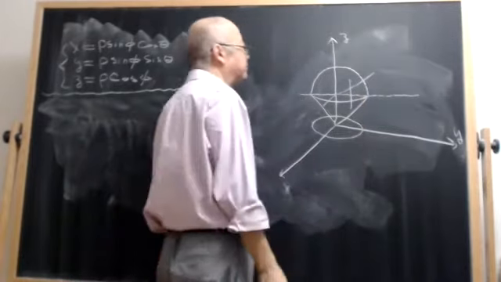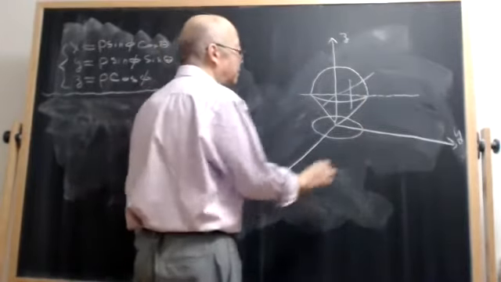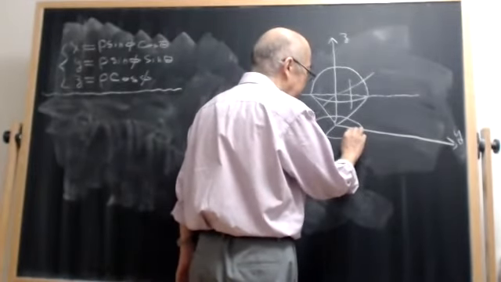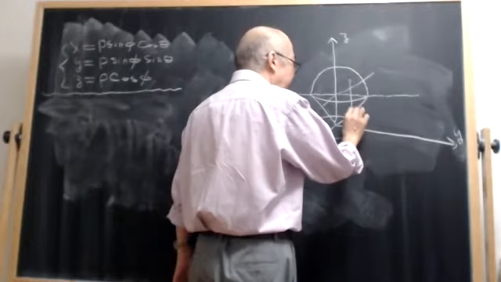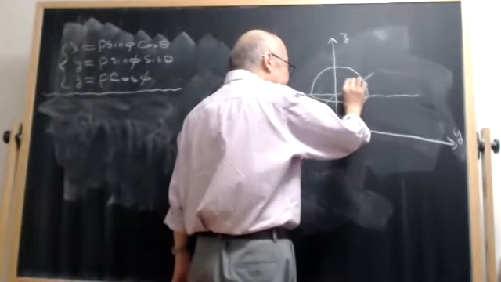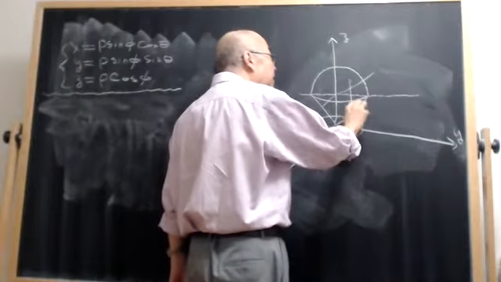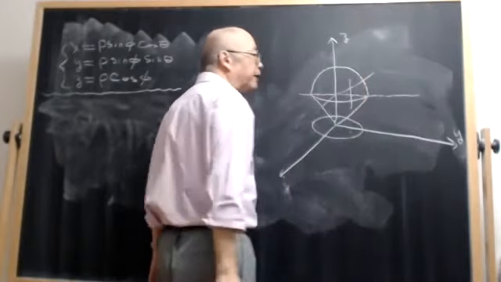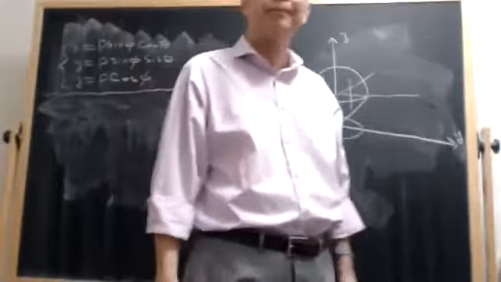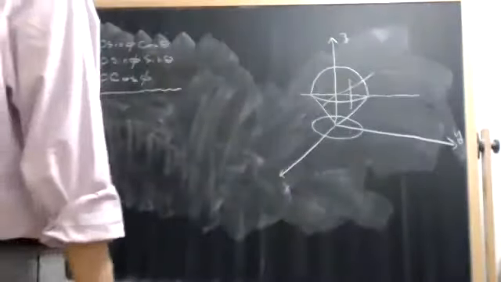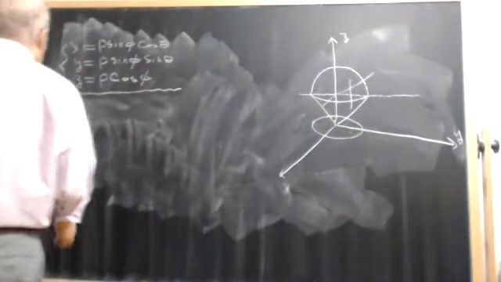So corresponding to this point, the range of Z is from the cone to the upper hemisphere. Now we have to set up the integrals.